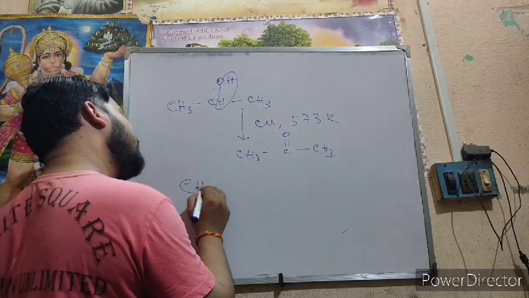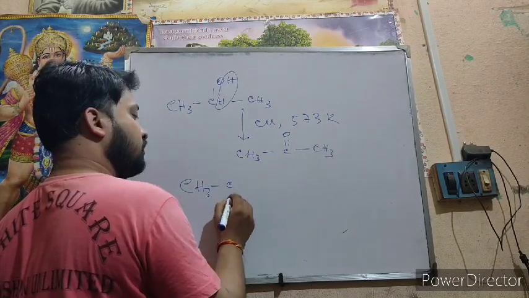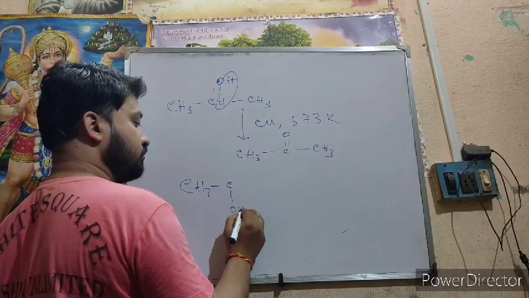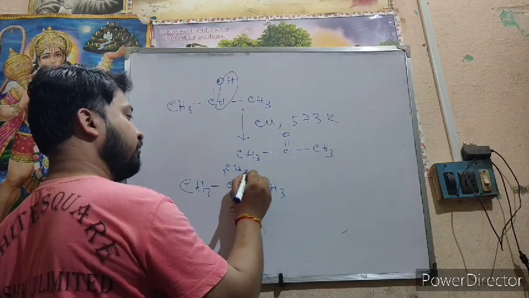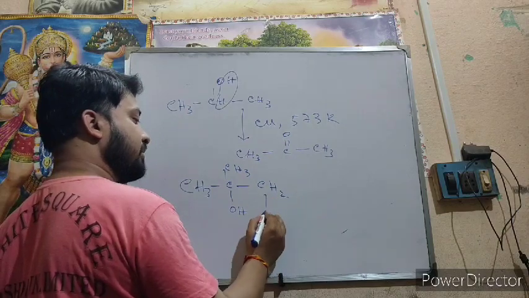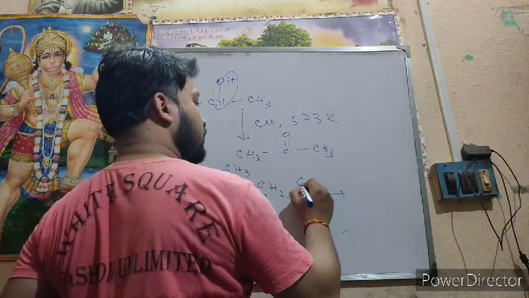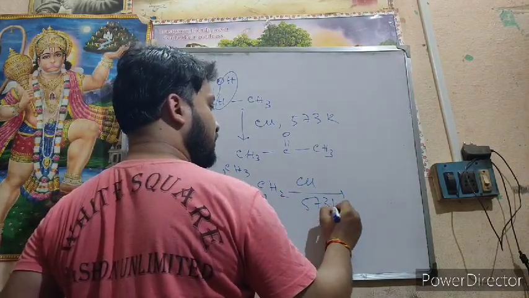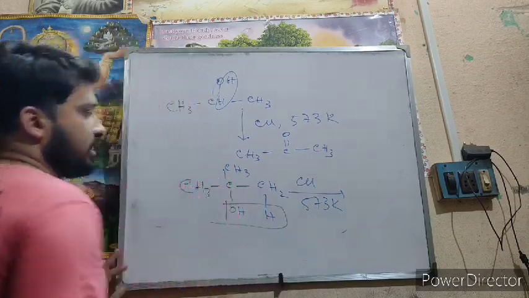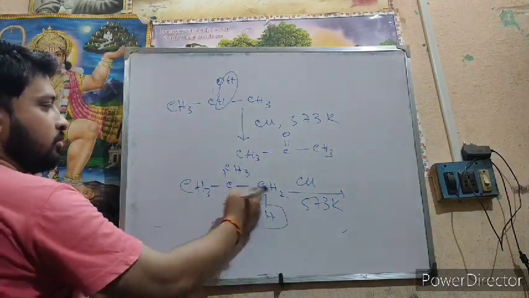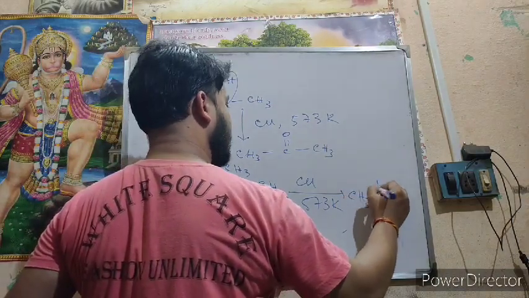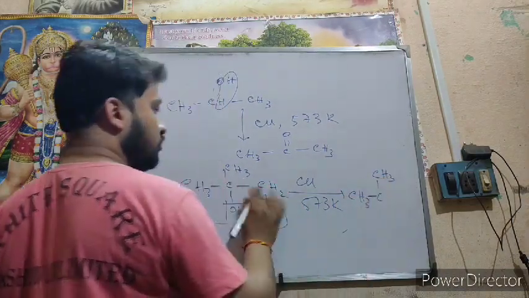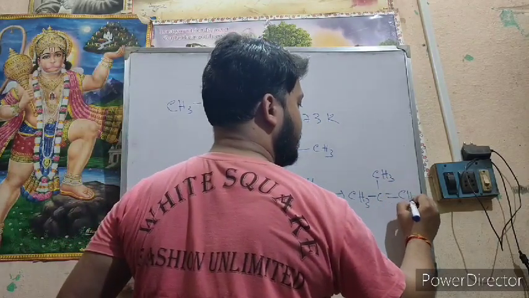But if you use 3 degree, you can write CH3 this way. You use copper and 573 Kelvin temperature, and you get this product with a double bond here. So the product is CH3 double bond CH2.